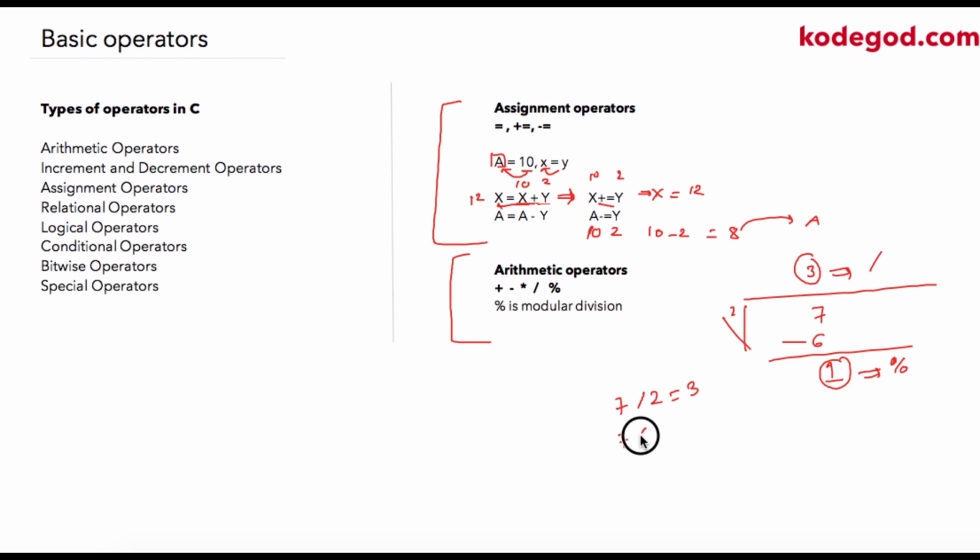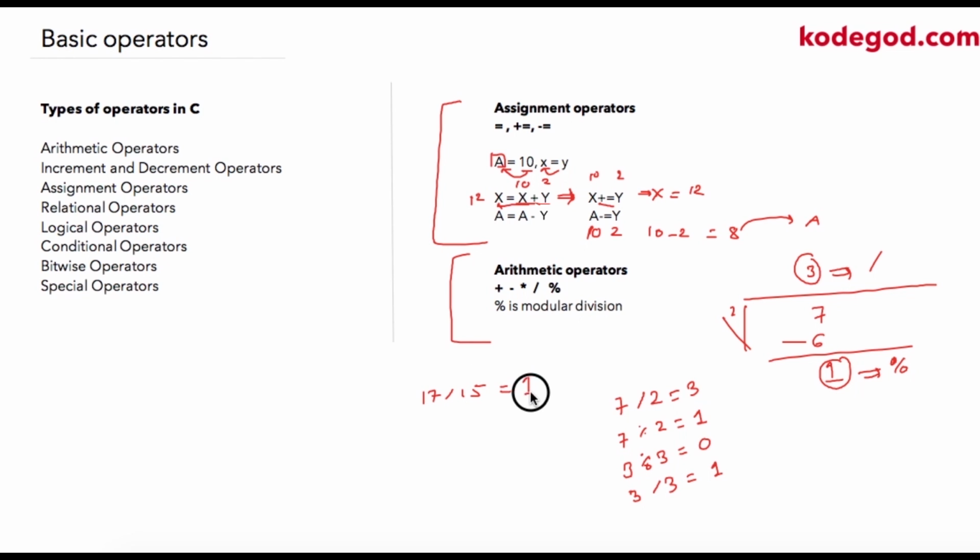And if I write 7 modular division 2, my output will be 1. Similarly, if I write 3 modular division 3, it will be 0. And 3 divided by 3 will be equal to 1. I'm taking another example. Let's say 17 divided by 15.